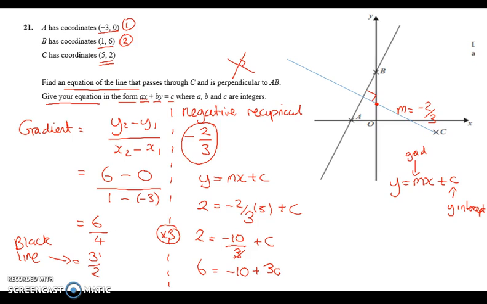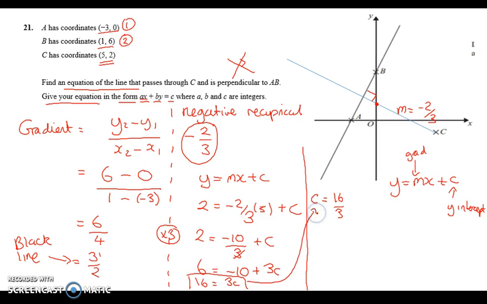And what have we got? 6 minus 10, so that would be 6 add 10, would be 16 equals 3c. So c must be divided by 3, so c must be equal to 16 divided by 3, if we rearrange this last little bit that we had here.